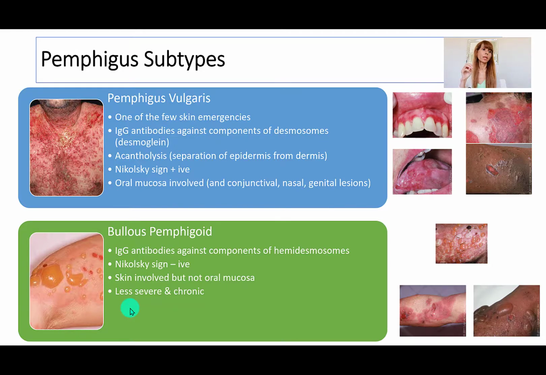There is going to be skin involvement, but not mucosal involvement. Again, patients are going to have more chronic symptoms, so they are going to have recurrent bullae, and with proper medication in the form of steroids, they may get better, and you don't always necessarily need to give them intense treatment.